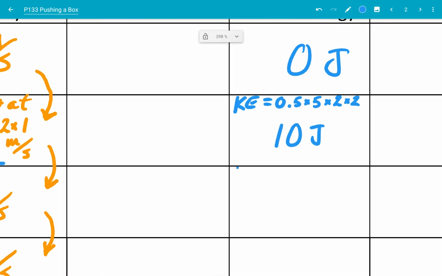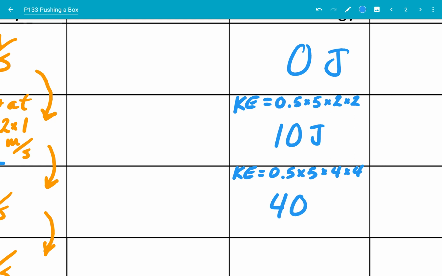The way we would calculate this is 0.5 times 5 for the mass, times 4 squared, which is 4 times 4. 4 times 4 is 16, 16 times 5 is 80, and half of 80 is 40.